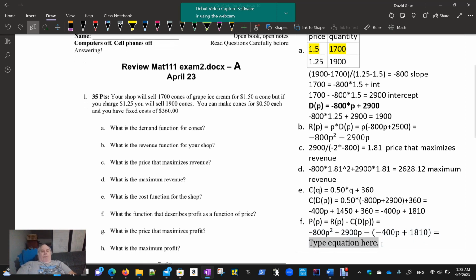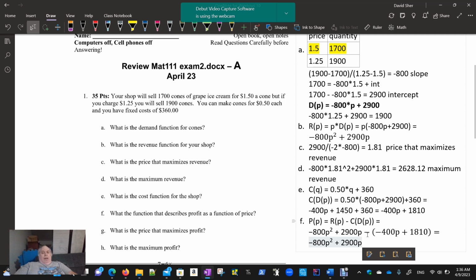And that's going to equal, and I'll distribute the minus sign, minus a minus, when it's distributed, is going to turn into a plus 400p, and minus a plus is going to turn into a minus.